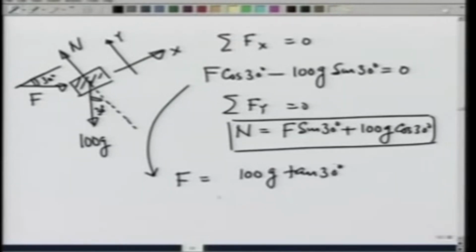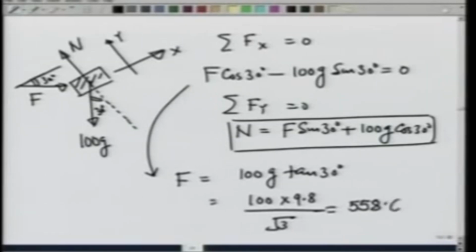tangent of 30 degrees, which is 100 times 9.8 divided by the square root of 3, and you can calculate this number. This comes out to be 558.6 newtons. So without friction, 558.6 newtons gives me a force that will keep the block in equilibrium.